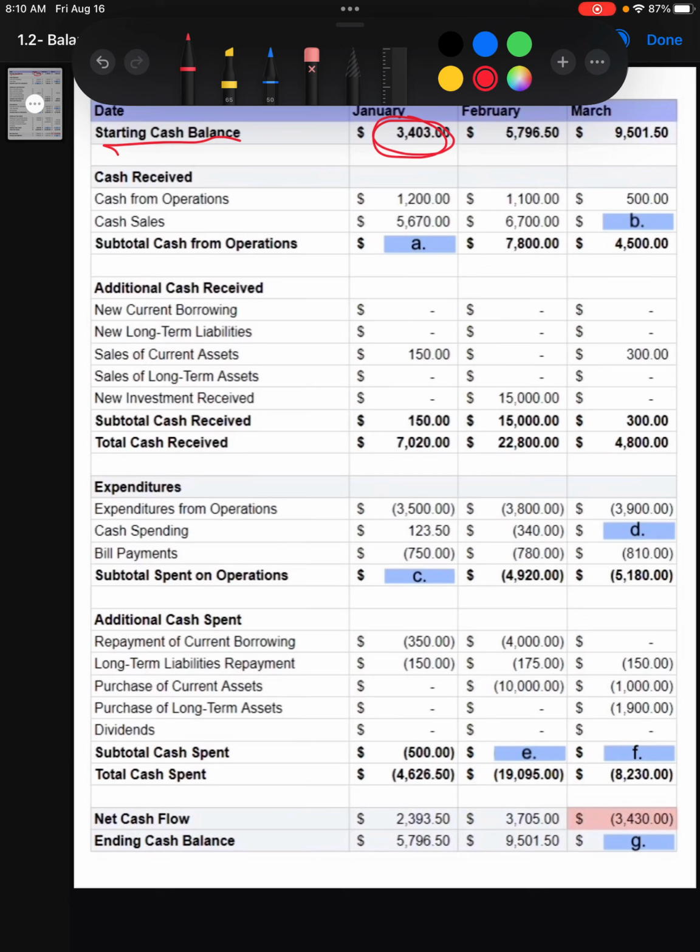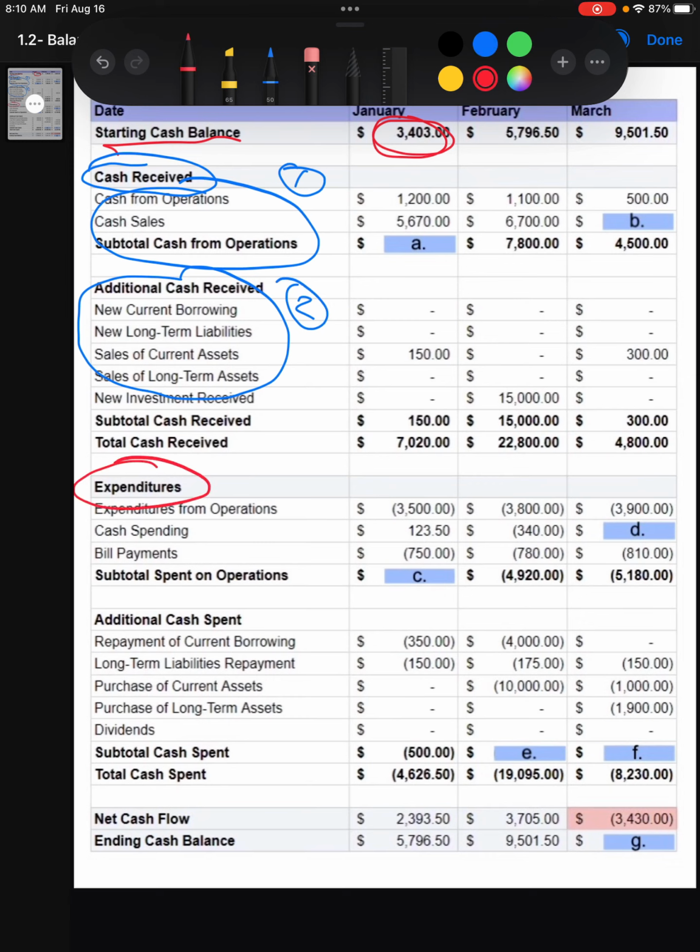In this specific situation, in blue, you will see cash received, and that has two sources. This is the first one, operations, and this is the second one, additional cash received. And then you have expenditures, expenses. In this case, it also has two sources, expenses from operations and additional cash spent.